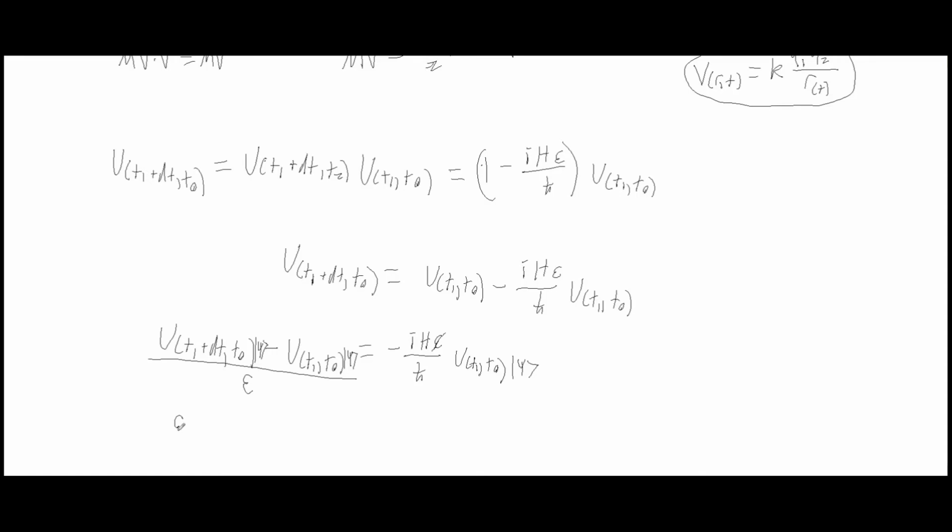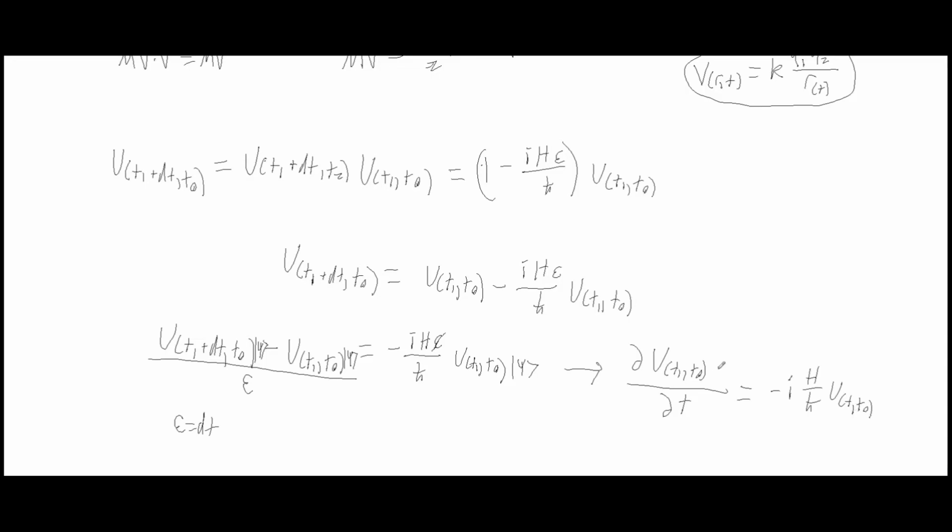Remember, we said the epsilon was dt, so the form of this is going to be the same as if we had our partial derivative of u(t1, t naught) with respect to time is equal to negative i H over h bar u(t1, t naught).